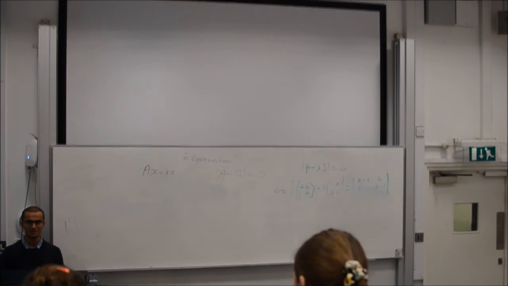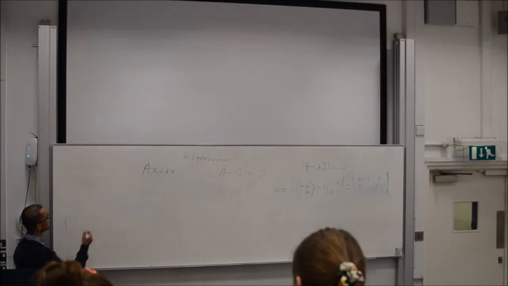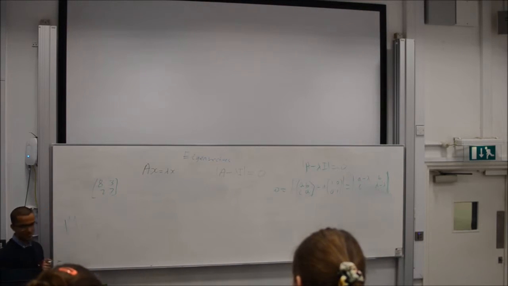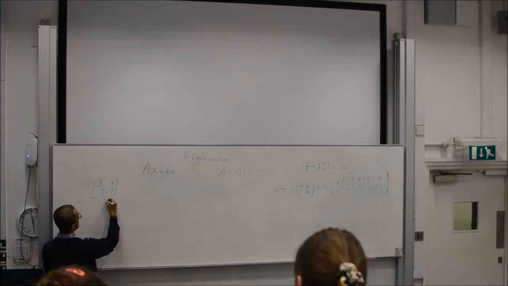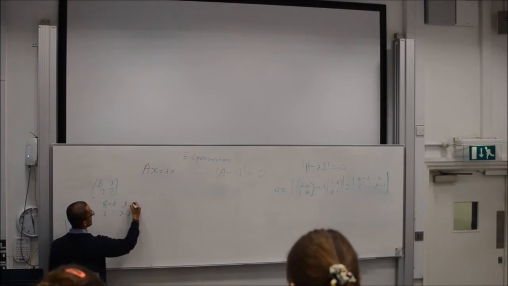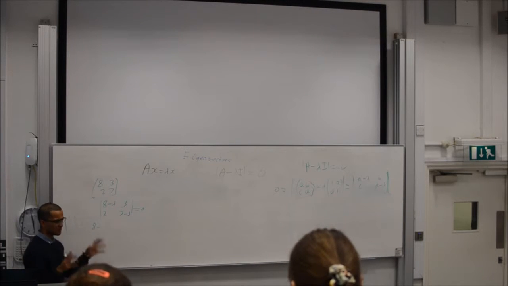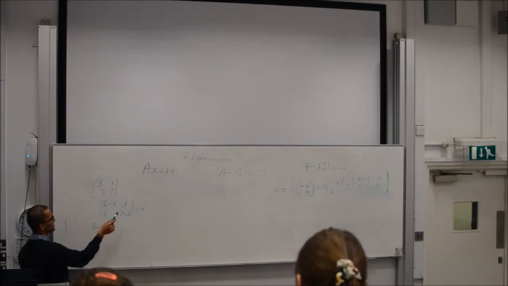Okay, so was it 8, 3, 2, 7? Given that, we're going to work out its eigenvalues. Using that thing we made over there, what we're trying to work out is the determinant of this equal to 0, and so from this you get 8 minus lambda times 9 minus lambda. With a 2 by 2 matrix, the determinant is that number times that number minus that number times that number.